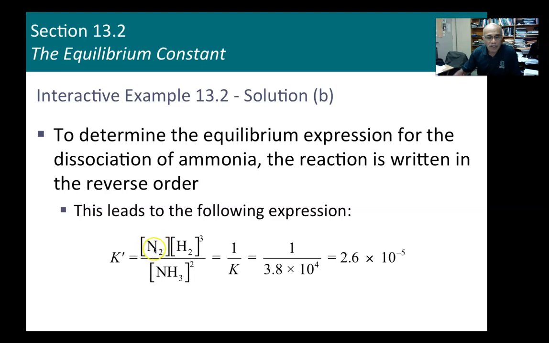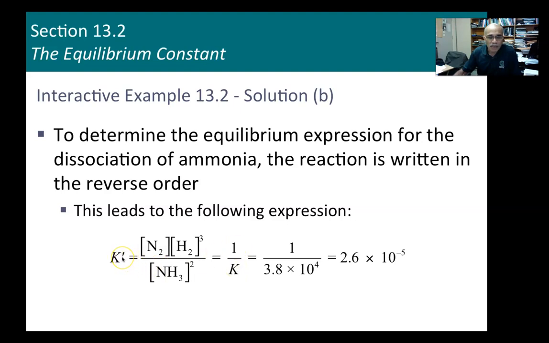So this time the product is nitrogen and hydrogen, and the reactant is ammonia. So when we do that, the value of K is essentially the reciprocal of the forward equilibrium constant.